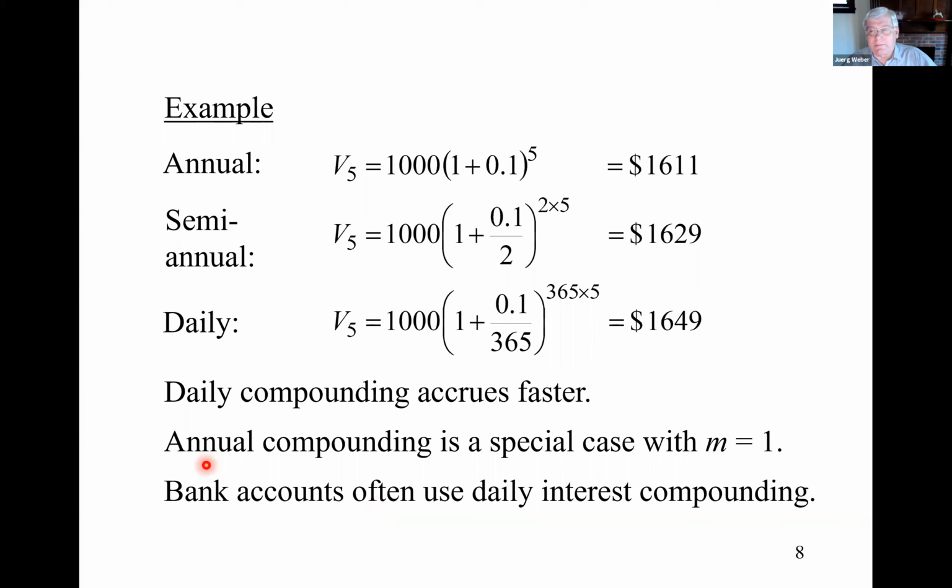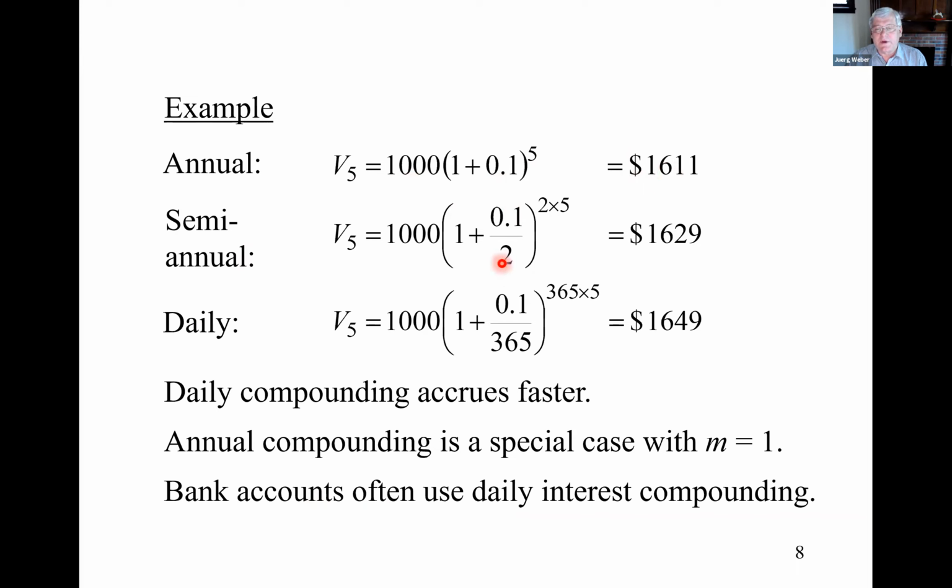Let's make an example. So we have an invested capital of $1,000. The interest rate is 10%. I always express the interest rate as a decimal fraction. And after 5 years, our investment will have a value of $1,611 with annual compounding.